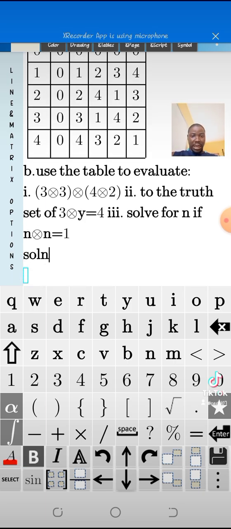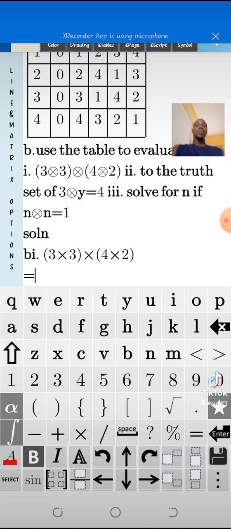So let's look at the B part now, B(i) to be precise. B(i) says we should use the table to evaluate 3 times 3 times 4 times 2. So this is going to be equal to 3 times 3.